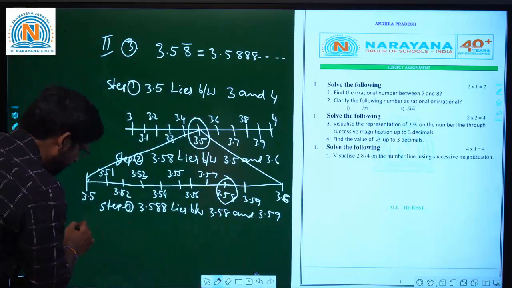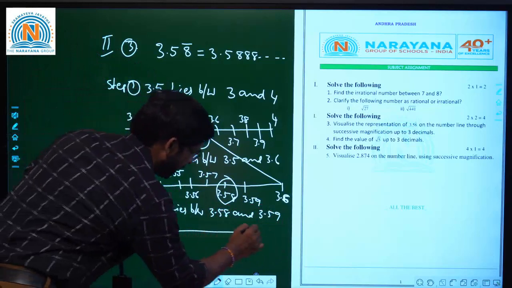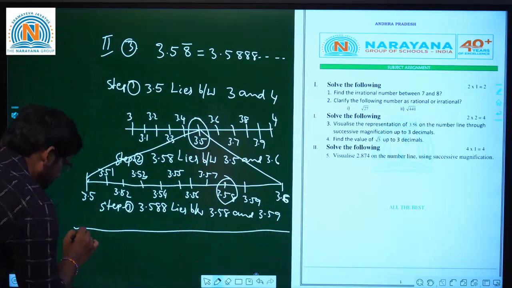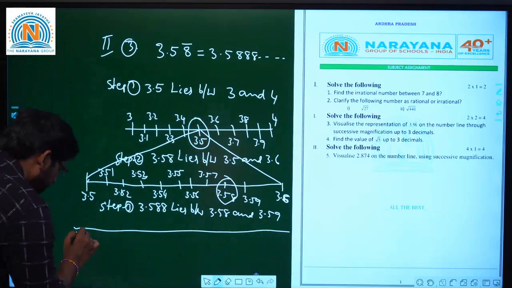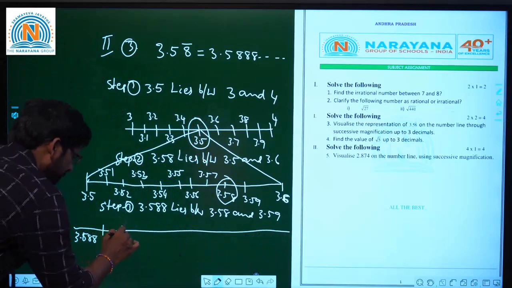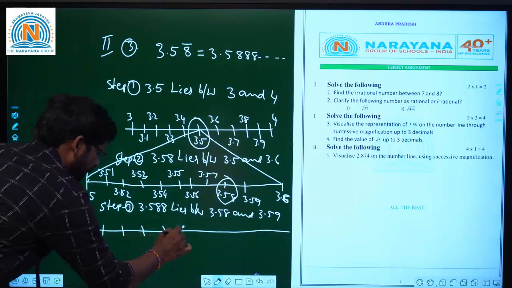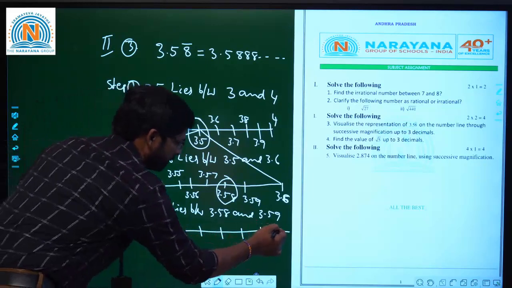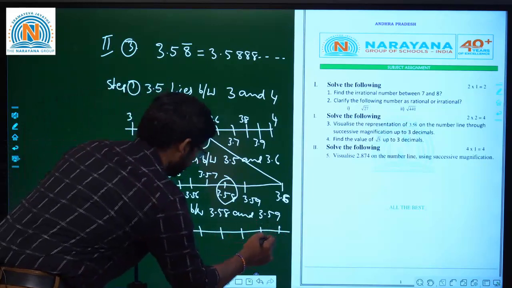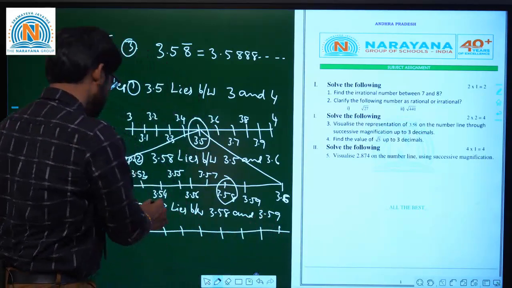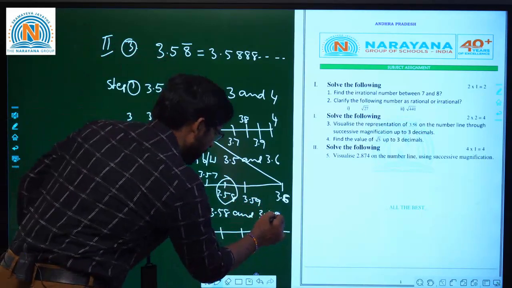Each unit is divided into 10 equal parts. So 3.5881, 3.588, 3.589.